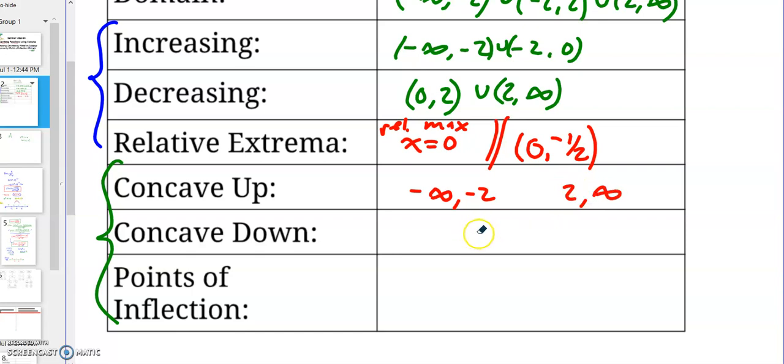It's concave down from negative 2 to 2. And although it switched concavity at 2 and negative 2, since those aren't in our domain, those are not counted as points of inflection, so there are no actual points of inflection. Cool. I know that was quick.